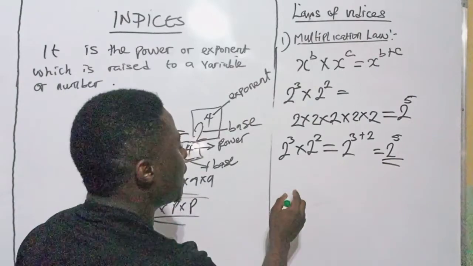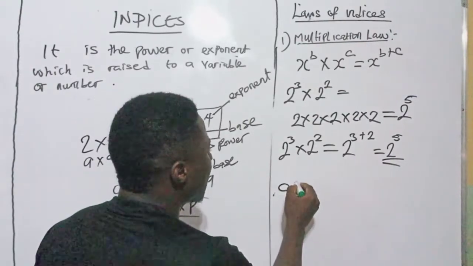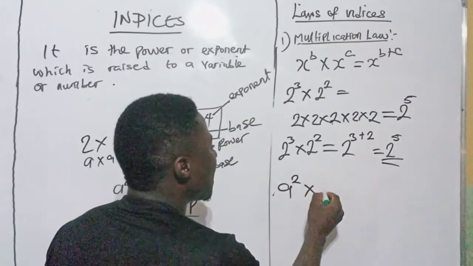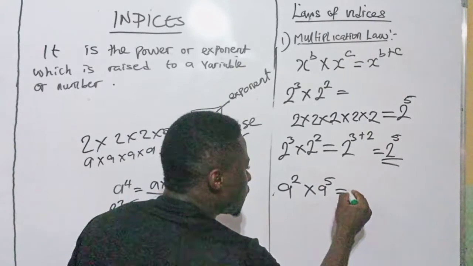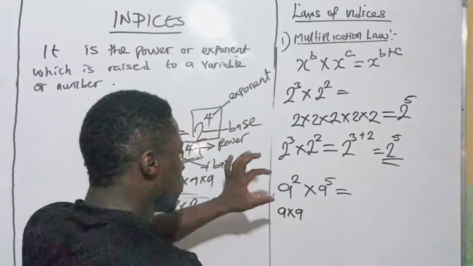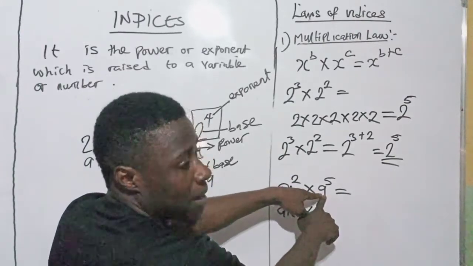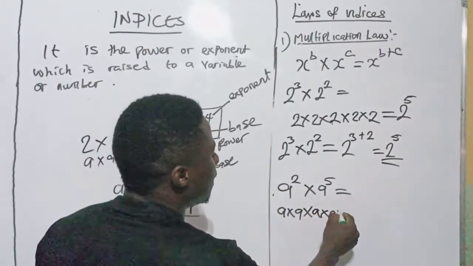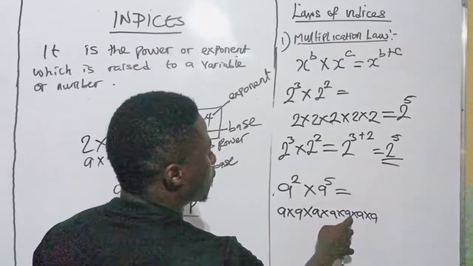Supposing I have again, let's say, A raised to power 2 multiplying A raised to power 5. In terms of simple arithmetic, this simply means A times A, which is for this, then times A expressed 5 times: A times A times A times A times A. We have 1, 2, 3, 4, 5 here.